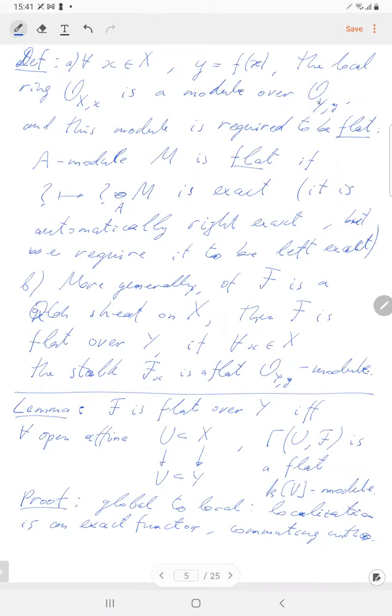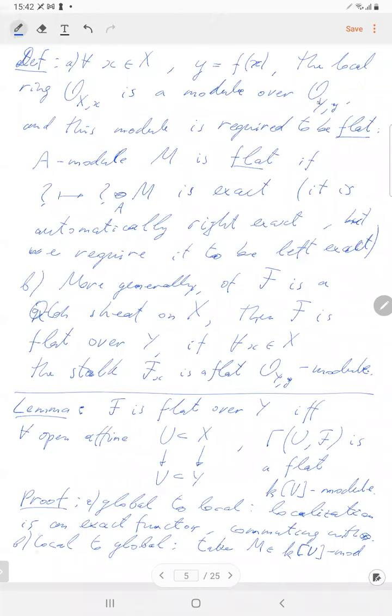Okay, but local to global. So we would take any module M over the open set in the base, and we want to see that the tensor product with this M is exact.